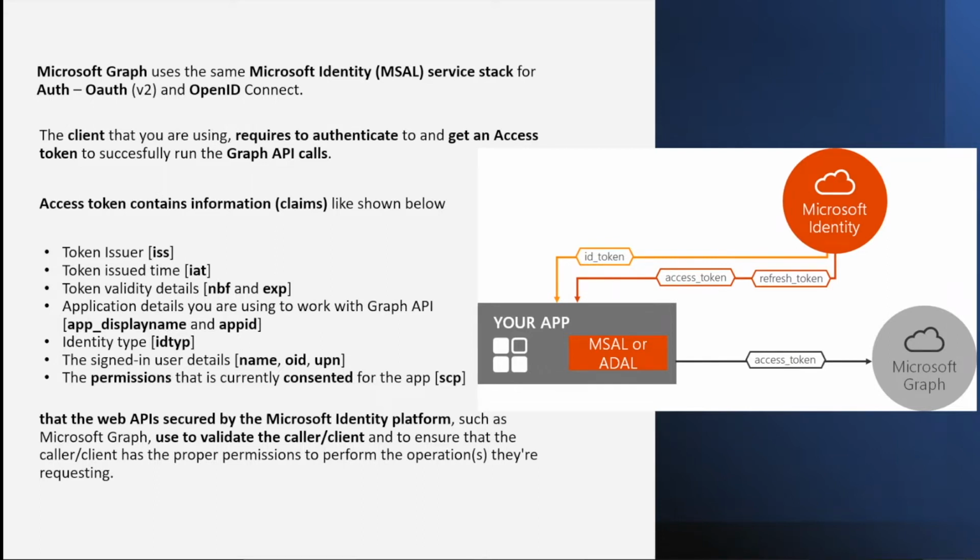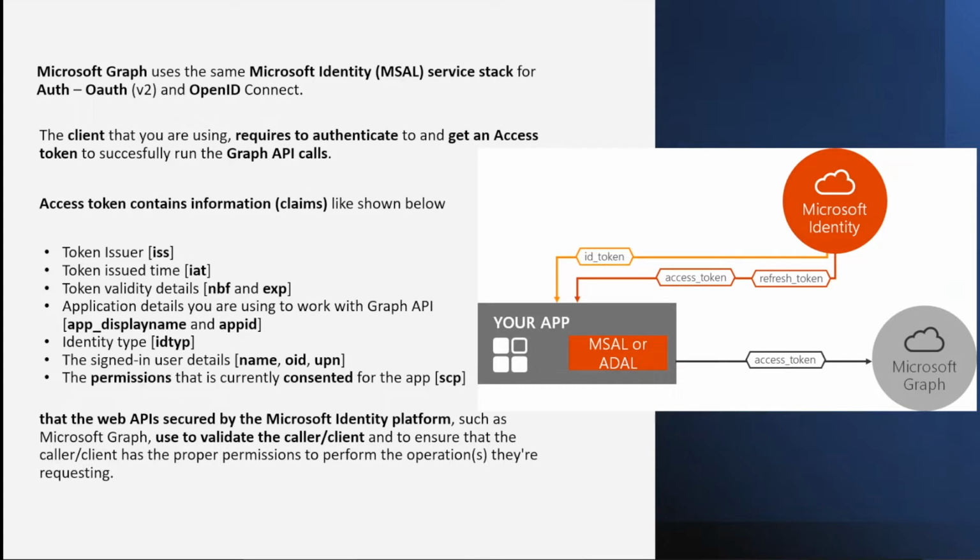The identity type, like whether it is a user signing in or an application signing in. So an application can run with a signed in user. An application can run without a signed in user as well. Then the details of the user, if it is user type authentication, and the permissions that are consented for the app.